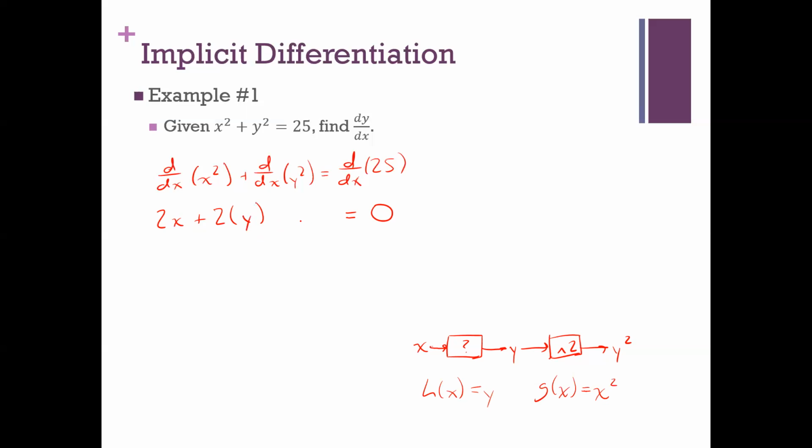In this case, it's y. So hopefully you can see something that makes intuitive sense. The derivative with respect to x of y squared is 2y so far, because we have handled the derivative of this g function, the squaring function.